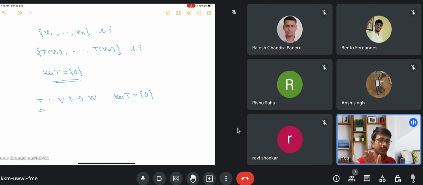One thing we can say is that T maps linearly independent sets to linearly independent sets. Except for this one, try to find the similarity of this with your functions. You already know about functions.